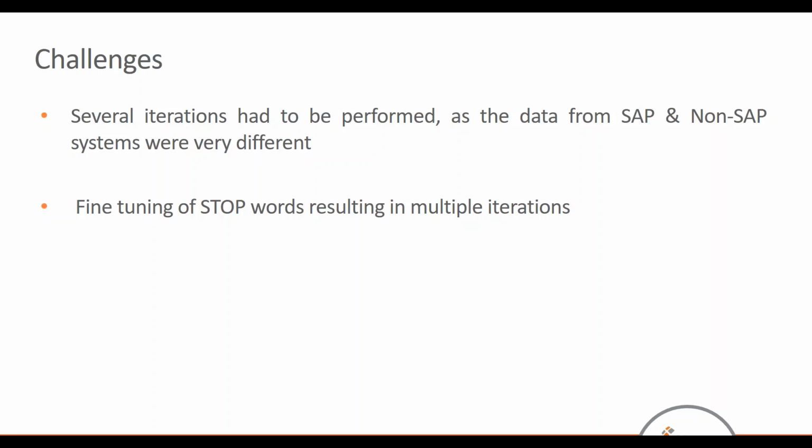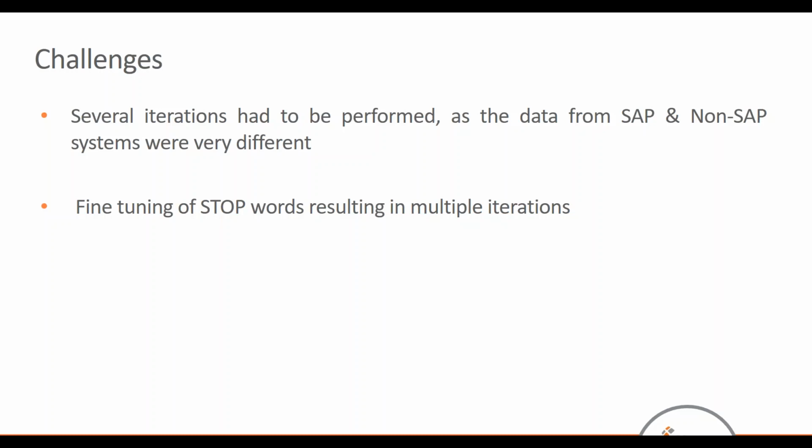So we also had to fine-tune those stop terms so that we get an optimal false positive rate and also a good match rate with the audit test names. So once we overcame these challenges, we were able to achieve a much better false positive rate and also almost close to 100% match rate with the audit test names. So that was one of the key achievements.